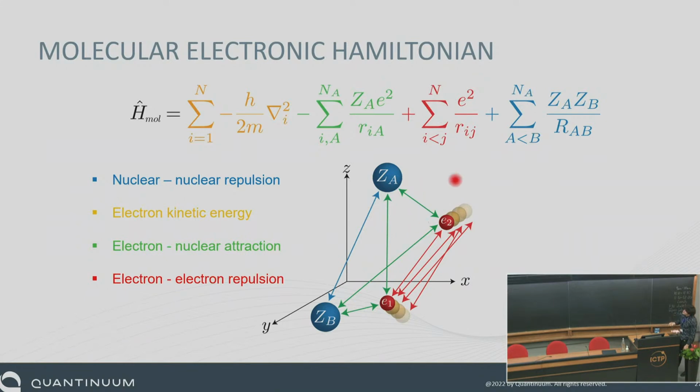You can see the kinetic energy is represented by the yellow, and then the nuclear-electron interaction is represented by green. This is a Coulombic term, which is 1 over r. Oh, should that be squared? Yes, that should be squared, I apologize.